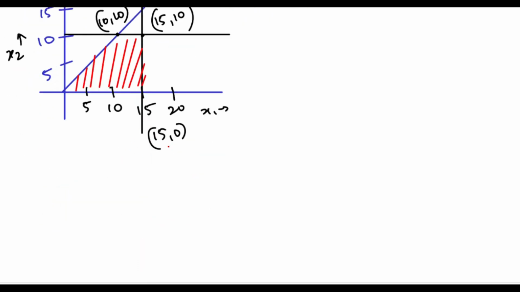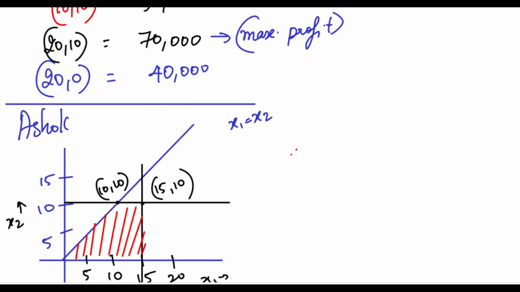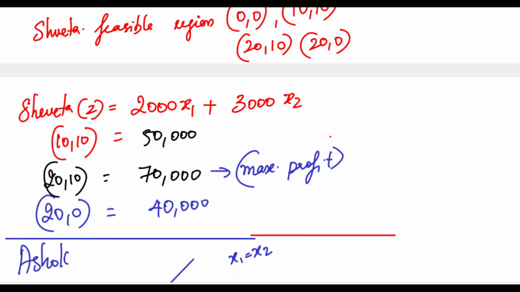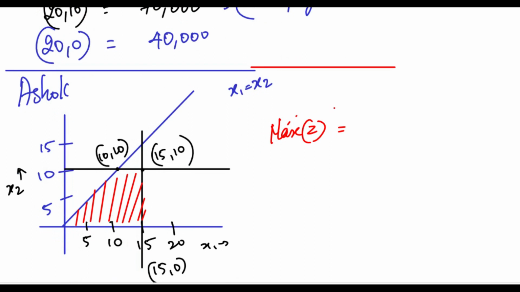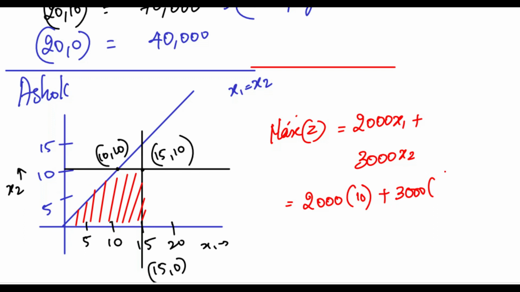Now for maximizing profit, maximize Z is equal to 2000 x1 plus 3000 x2. For (10, 10), it is 2000 into 10 plus 3000 into 10, which is the same number we got already, 50,000.